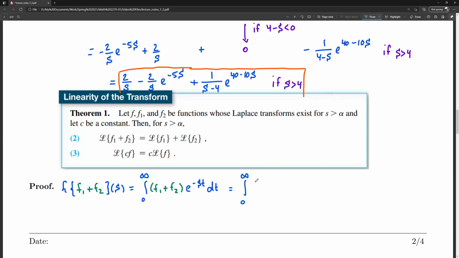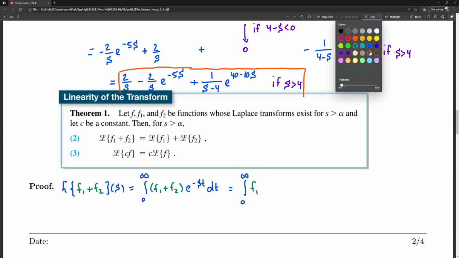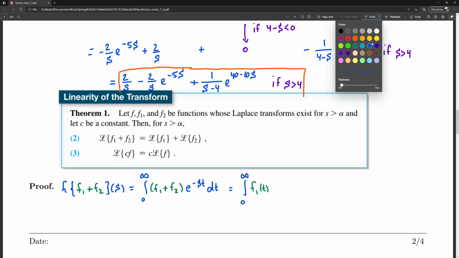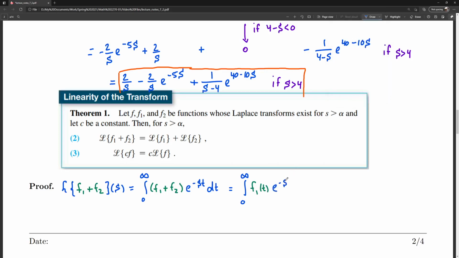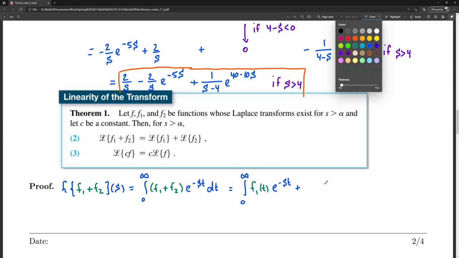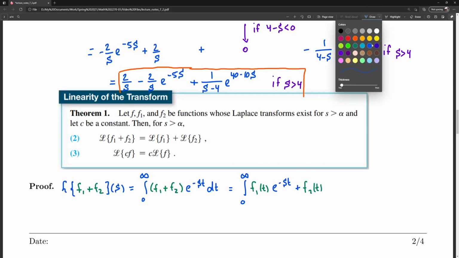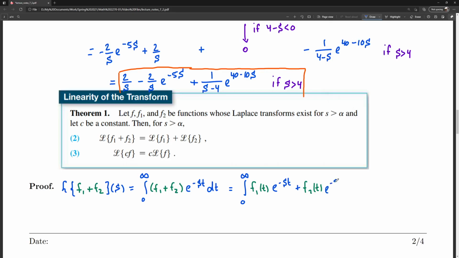And so I can write that as f1 of t times e to the power negative st, plus f2 of t times e to the power negative st, dt.